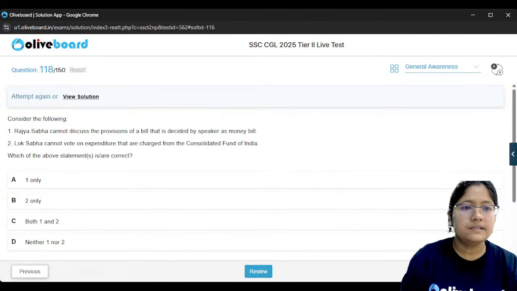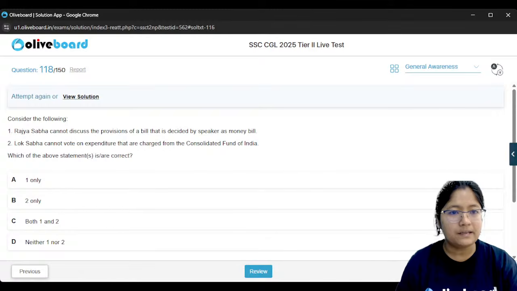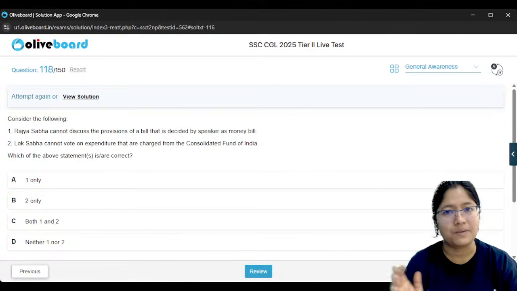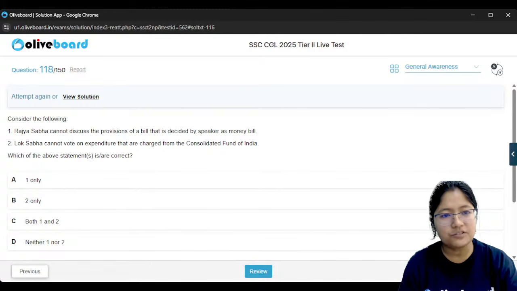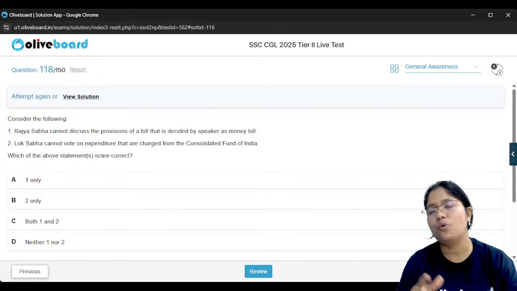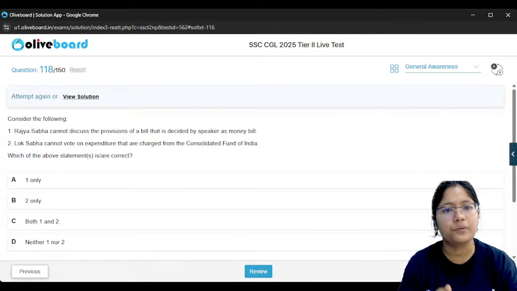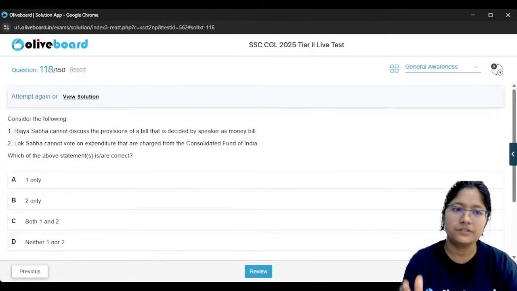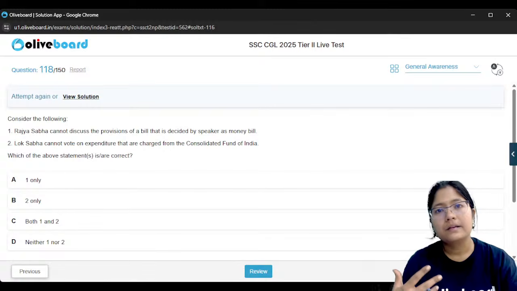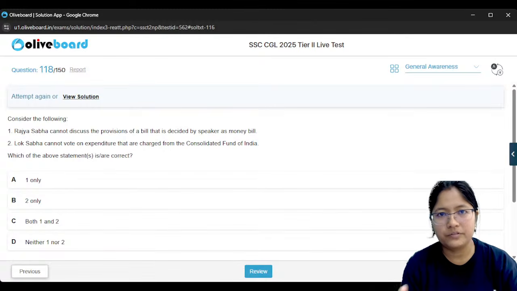Next question, consider the following. Rajya Sabha cannot discuss the provisions of a bill that is decided by the Speaker as a money bill. Yes. What happens in case of a money bill? A money bill will originate only from the lower house, that is only from the Lok Sabha. It will not originate from the Rajya Sabha. That is the exception. Otherwise, normal bills can originate from either house of Parliament.